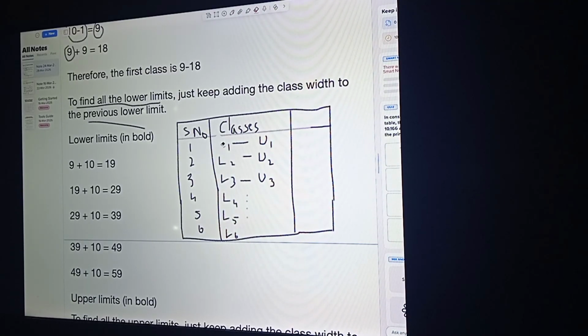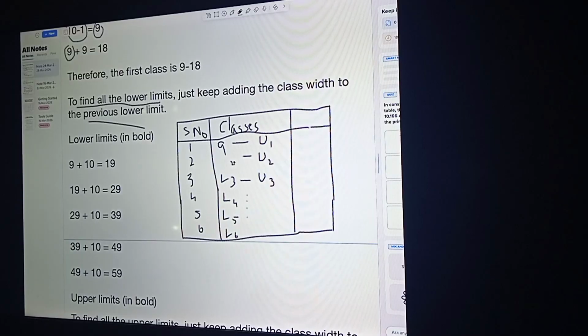That is, I'm going to write 9 here. So the next lower value will be obtained after adding this 9 with 10, which is the class width. So the next value will be 19.